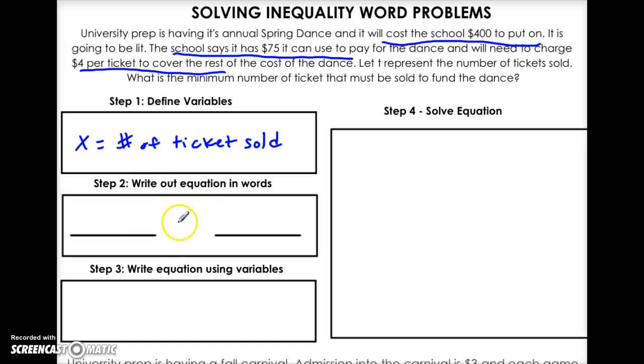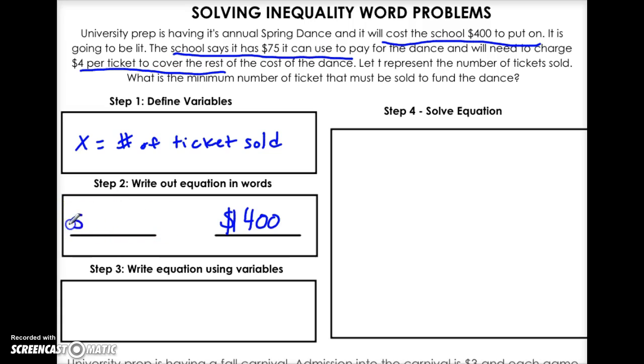Now we're going to write this equation in words. The thing to do here is figure out how we're going to earn that $400. We know we need $400, so that's going to be on one side of the equation. And on the other side, it's going to be how much we earn.